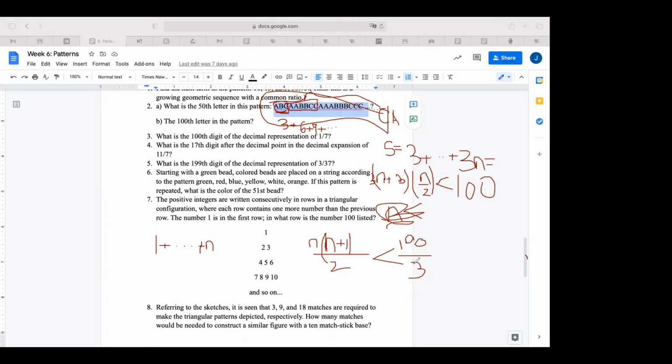And I guess the only way we can do it is n times n plus 1 is going to be less than 66 if we multiply by 2. Yeah, you could also multiply by 2. But we still need some guessing and checking, because let's find what number n would get us to 66 or greater than 66.